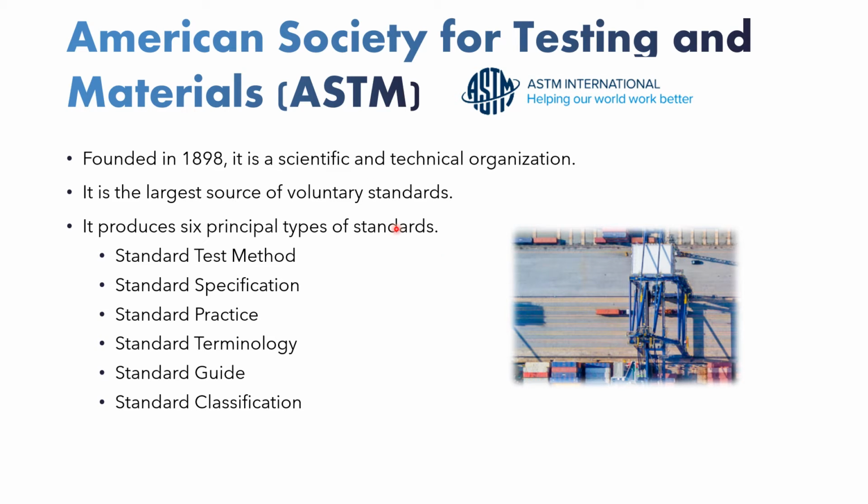It produces voluntary standards. In fact, it is one of the largest sources for voluntary standards. There are 6 principal types of standards this organization is producing: standard test method, standard for specification, practice, terminology, guide, and classification.